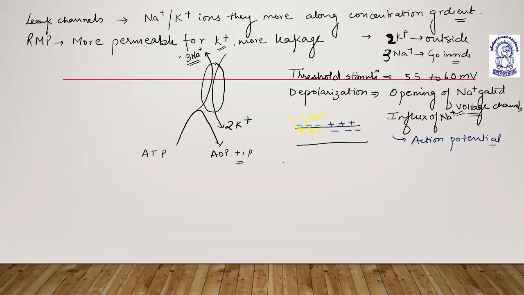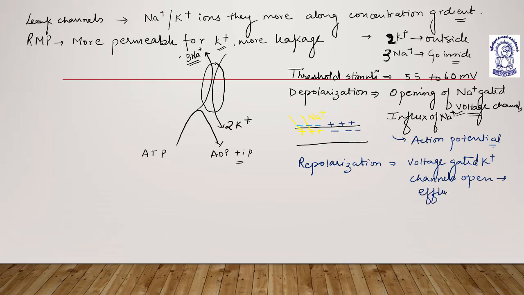Now when we talk about repolarization, during depolarization the voltage gated potassium channels open, which leads to efflux of K+.